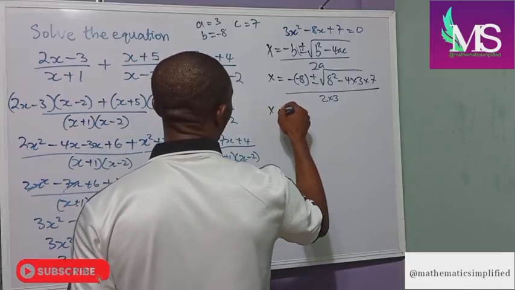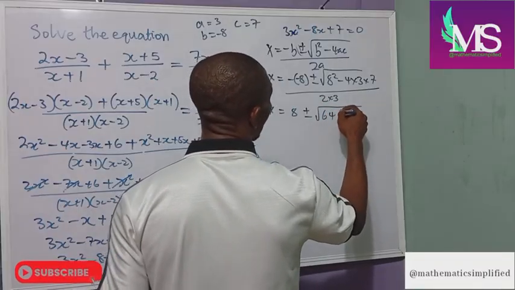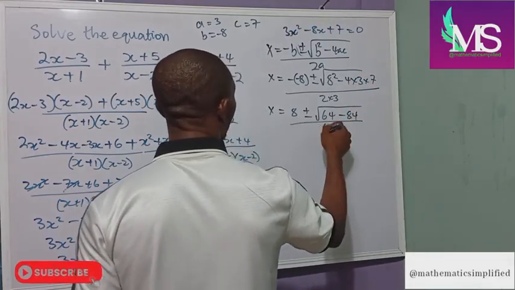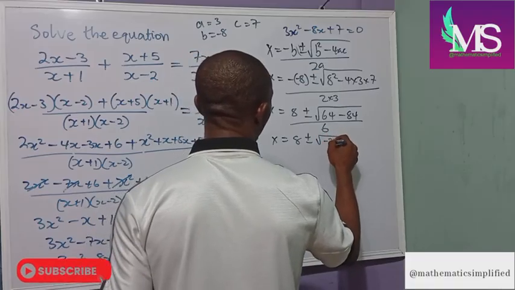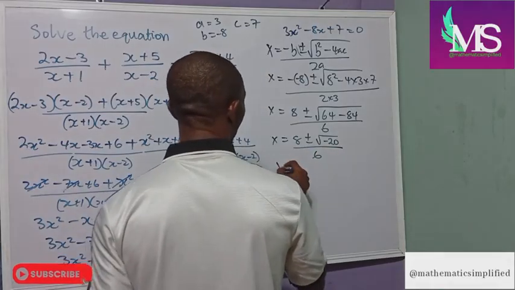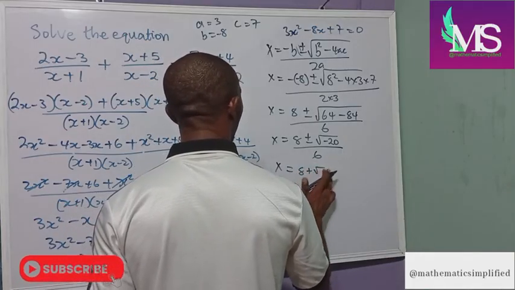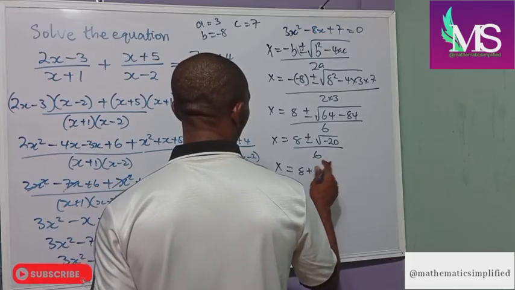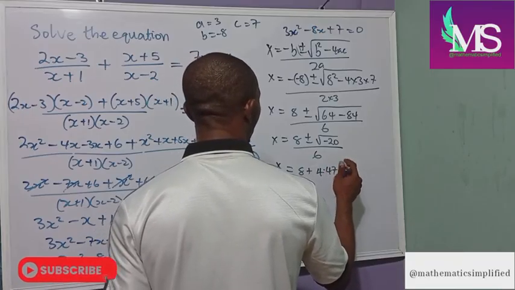So this gives us x equals 8 plus or minus root of 64 minus 12 times 7, which is 84, all over 6. So this becomes x equals 8 plus or minus root minus 20 over 6. Root 20 will give us 4.47.